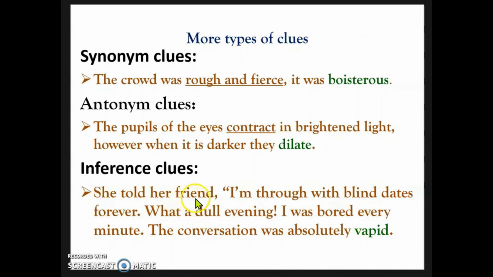She told her friend, "I'm through with blind dates forever. What a dull evening. I was bored every minute. The conversation was absolutely vapid." Within this context, we can feel almost what this person is saying.